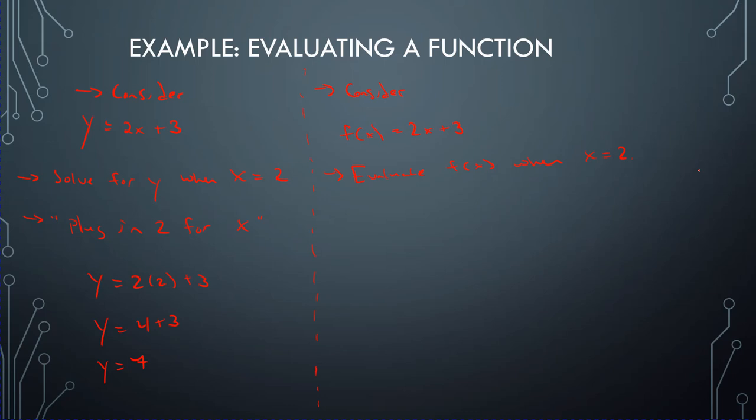I'm going to take this 2 and plug it in for x. So you're going to go f of 2. Now this is saying I'm inputting. This is why I said x is your input. So whenever I see an x, I'm going to replace it with this input. It's 2 times 2 plus 3, which is equal to 4 plus 3, which is equal to 7.